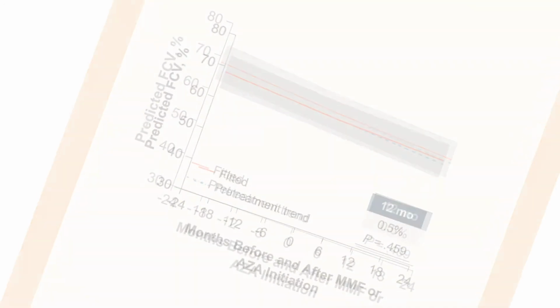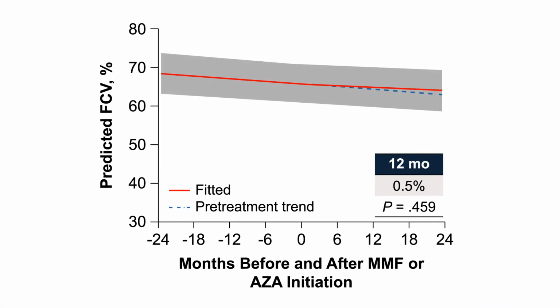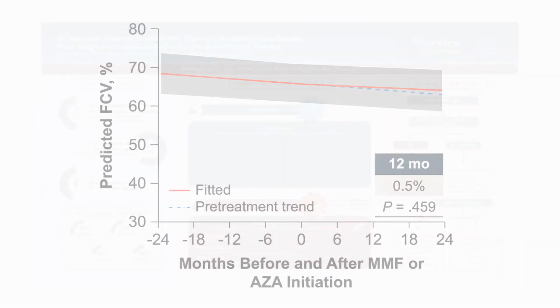Well, we use mycophenolate mofetil and or azathioprine for chronic hypersensitivity pneumonitis because when patients are on these medicines, it does preserve their FVC. More patients are going to have a normal FVC or not decline as much over the course of a span of a year than patients who are off of these medicines. So we do use these medicines, and this has been proven in medical literature, mycophenolate mofetil and azathioprine.